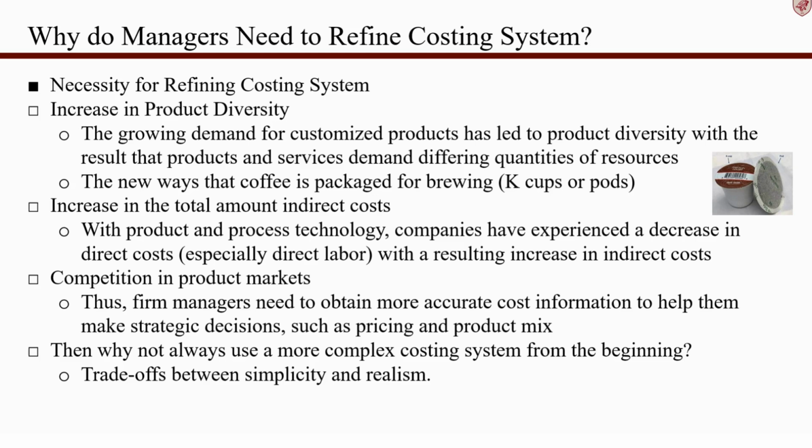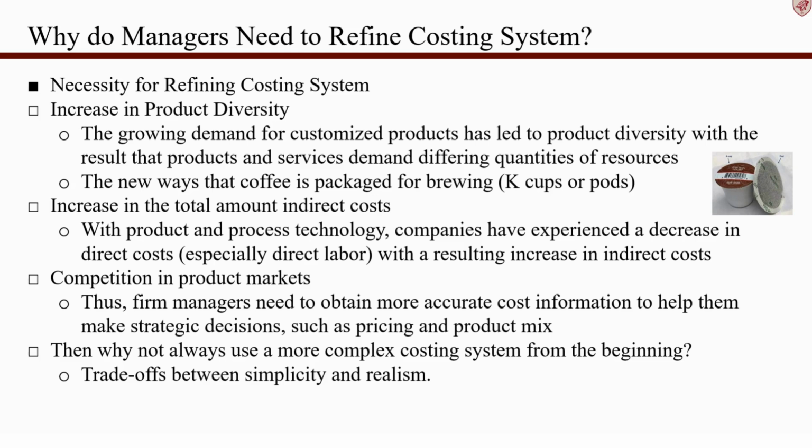Many people are now being replaced by automated machines. Automated machines are usually controlled by supervisors or somebody at a higher level, who are usually paid indirect labor cost rather than direct cost, right? So as there is an advancement of product and process technologies, there is, comparatively speaking, more indirect cost compared to the direct cost, and therefore it is important how we can allocate in a refined way.